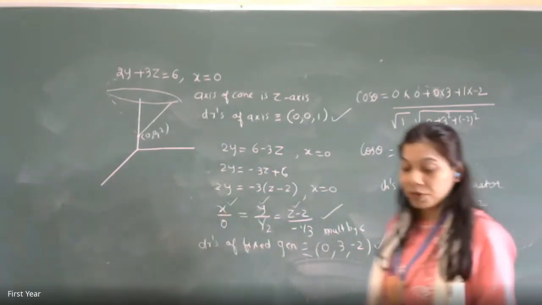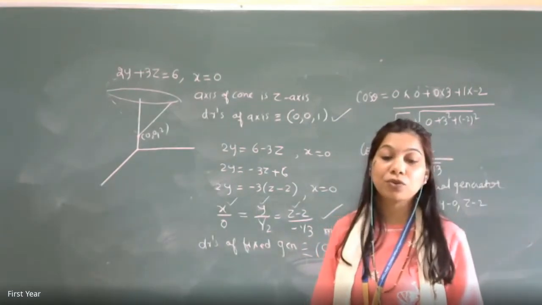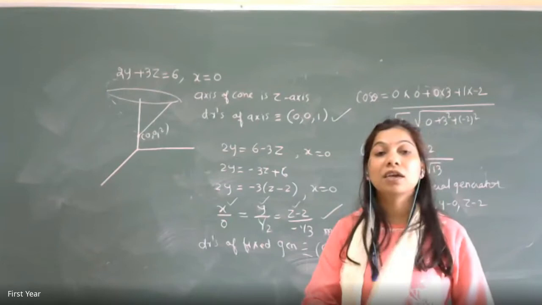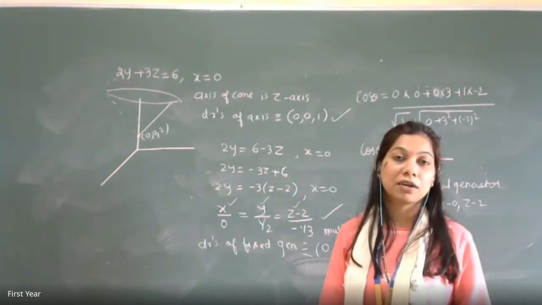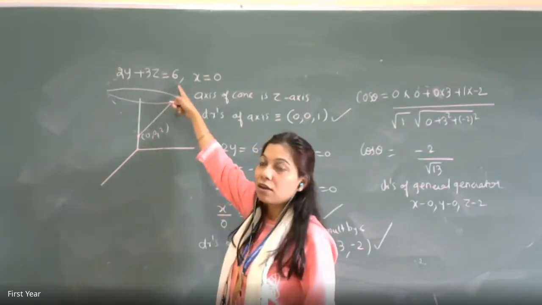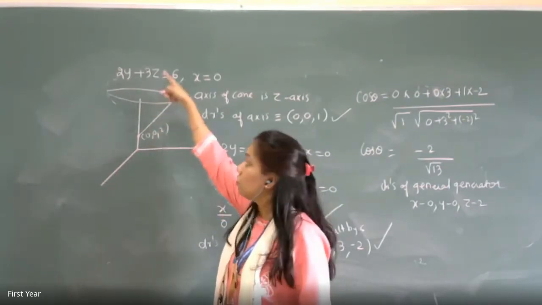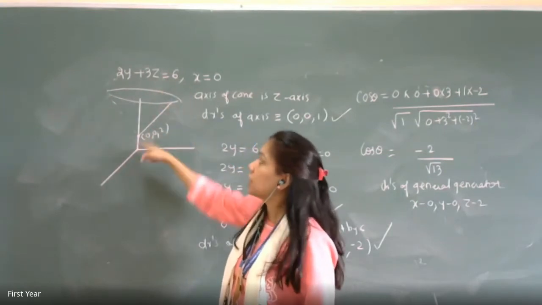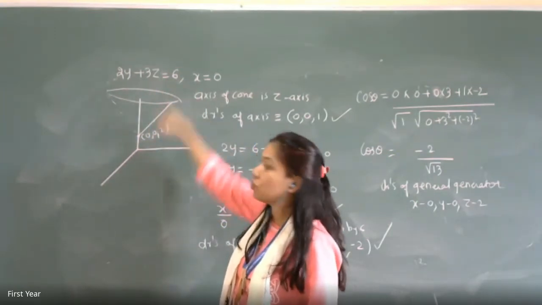Excuse me, ma'am. Ma'am, I didn't get how you got the vertex. What is the meaning of vertex? Vertex is the fixed point through which the axis is also passing and the generator is also passing. Correct? Yes, ma'am. So this line is revolving about the z-axis, and one of the fixed generators is this. And it is revolving about the z-axis, that means the z-axis is your axis.